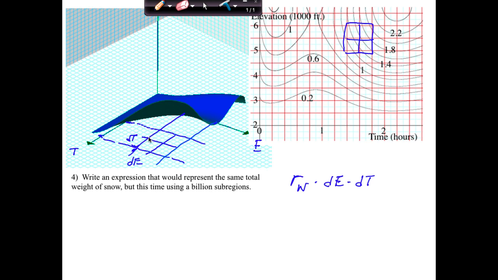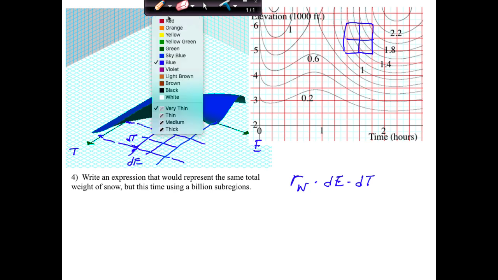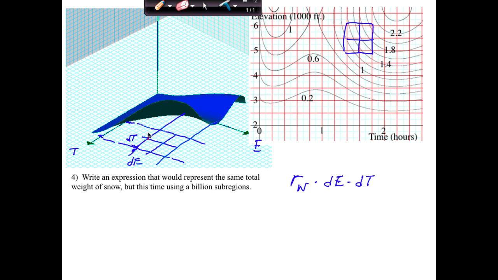It'd be like the z coordinate. So the rate times dE times dt is, in a geometry sense, computing what kind of thing? It's like a volume, right? Do you see that? That's like a volume of a rectangular prism.